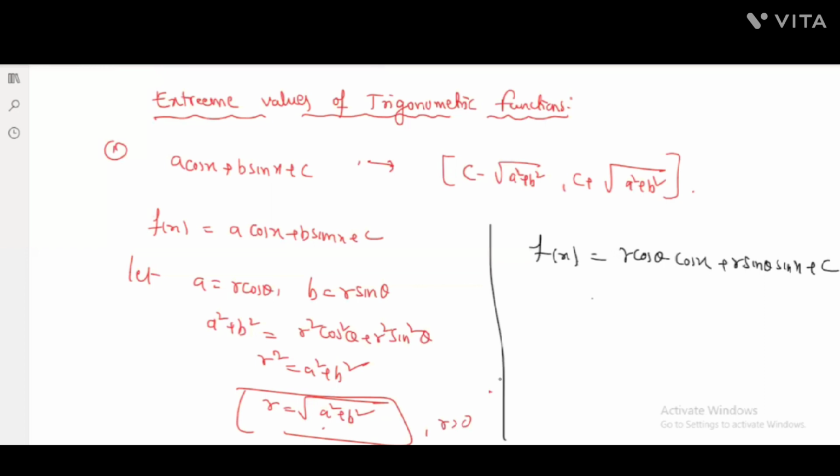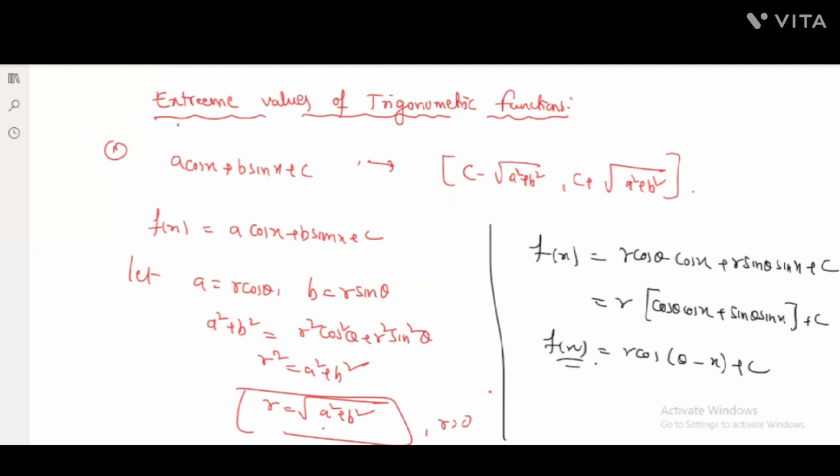Here r is common, so it becomes r times (cos theta cos x plus sin theta sin x) plus c, which is r cos of (theta minus x) plus c. So this is what f of x becomes.